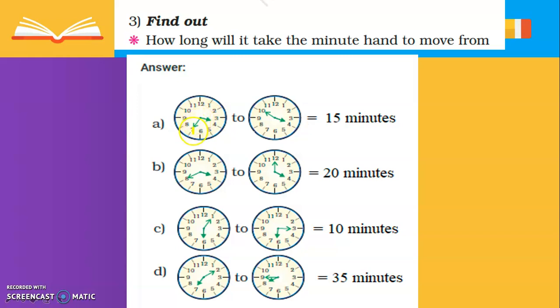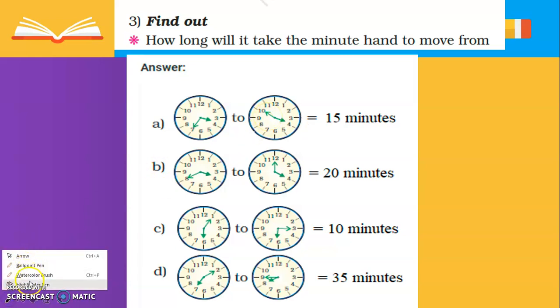If it is 3 and the minute hand is at 7, if you want, you can also calculate quickly by multiplying it by 5. 5 multiplied by 7 is 35. But now over here, if you see the minute hand is at 10. So that goes around how much? 5 tens are 50.